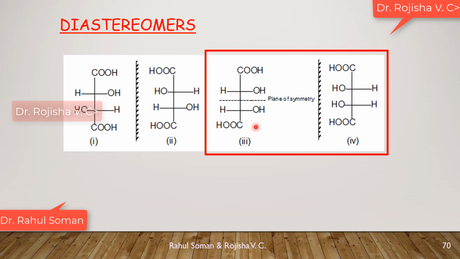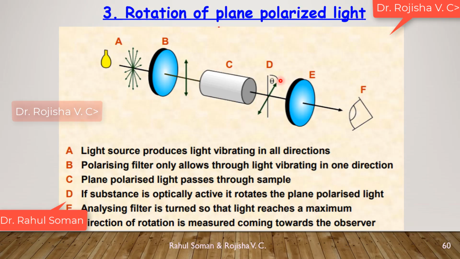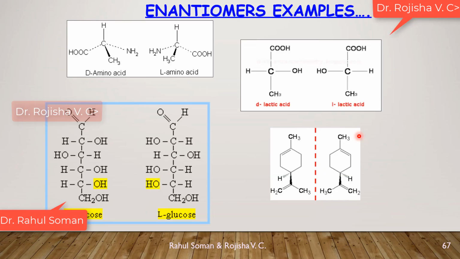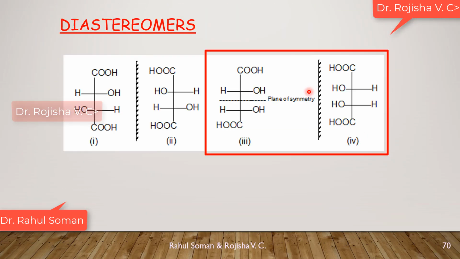If one chiral center is rotating light here, the other asymmetric center will be rotating it back, and ultimately the viewer will see the plane polarized light is not having any change, and he will say that this molecule is optically inactive. So the aggregate total optical activity of the molecule will be zero. Yes.